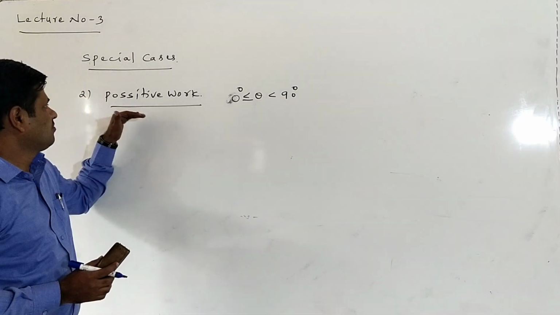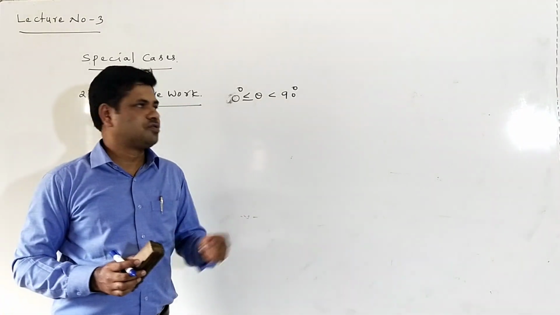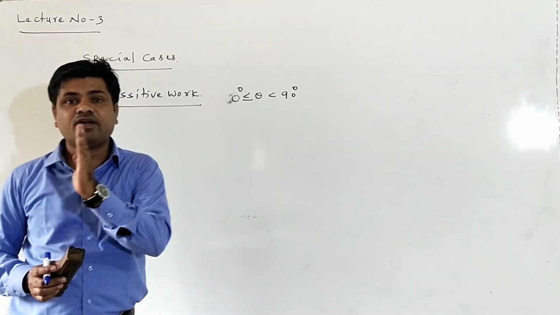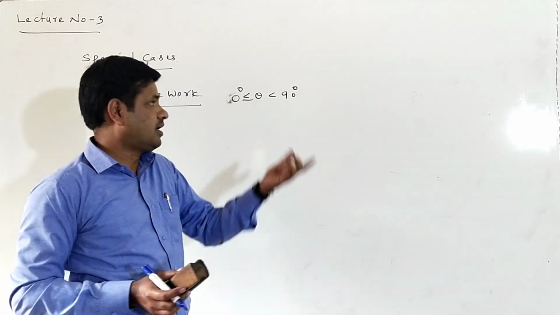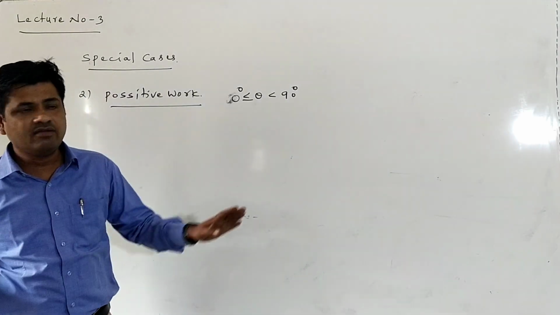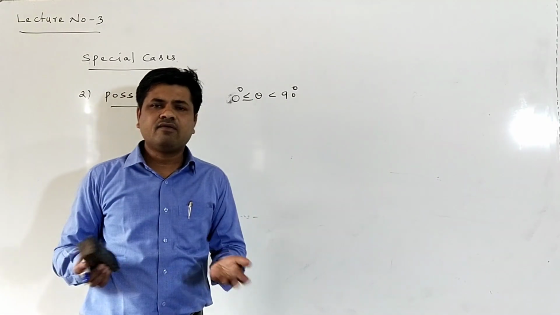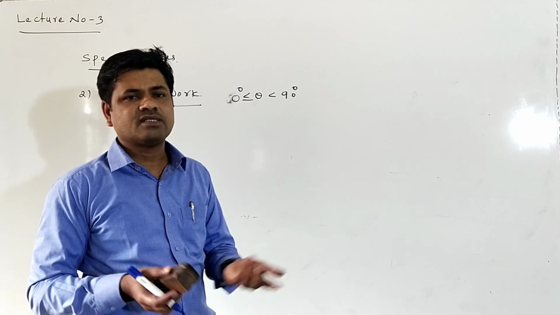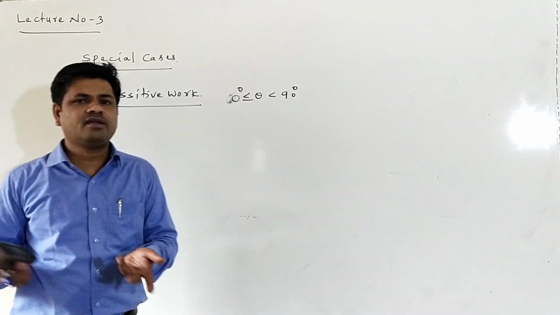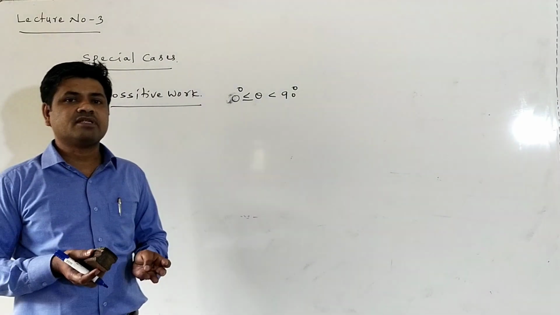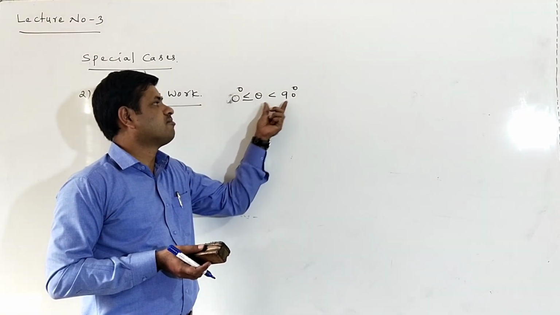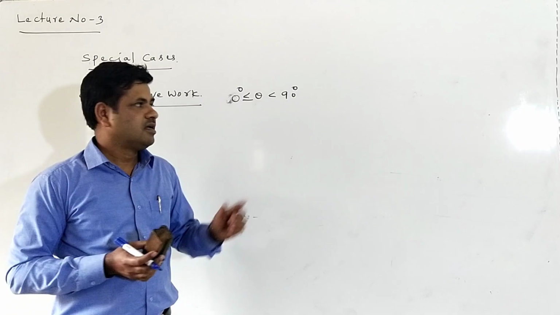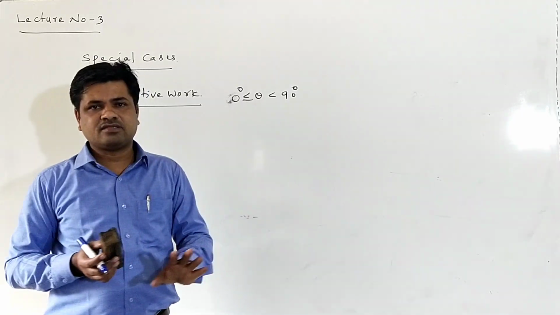In this case work done is positive. Theta is not equal to 90 degrees, because when it is equal to 90 degrees, cos 90 means work done is 0. That is the reason theta is less than 90 degrees, smaller than 90 degrees, or equal to 0 degrees.